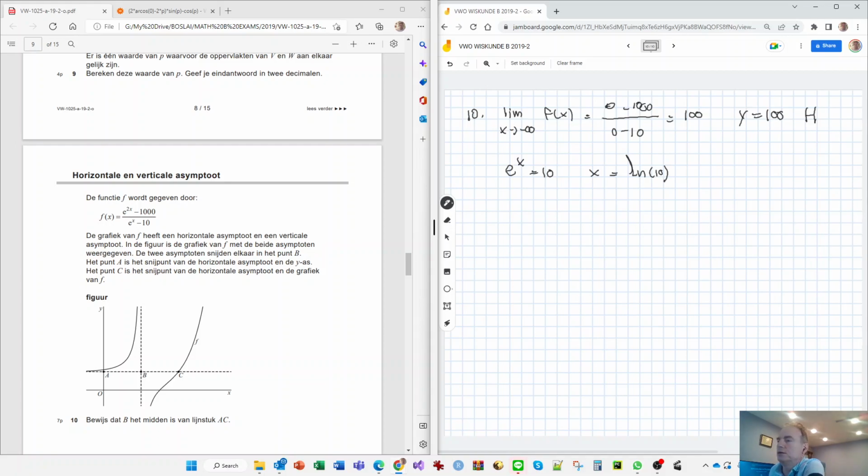So we know A now. A is (0, 100). So here the x coordinate of B is log 10, and the y coordinate is also 100, of course.